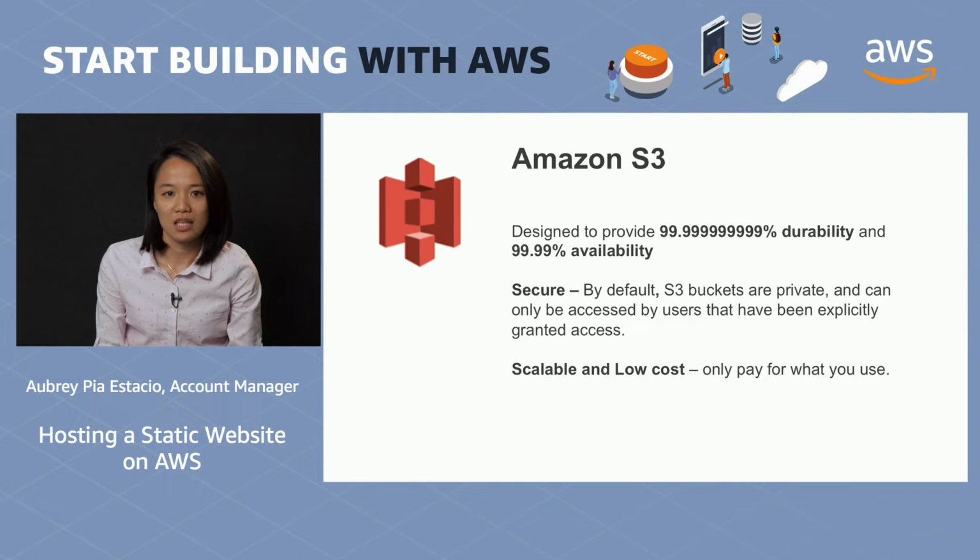For durability, if you store 10 million objects with Amazon S3, you can on average expect to incur a loss of a single object once every 10,000 years. For availability, your data will be protected against any network or hardware failures, so you can count on your data or website content being up all the time.